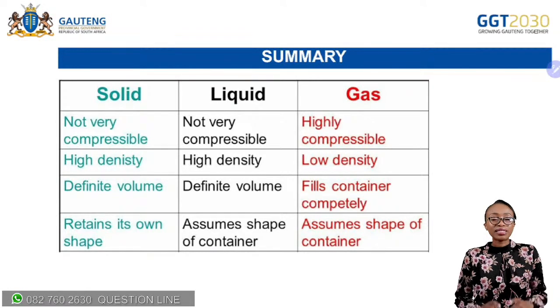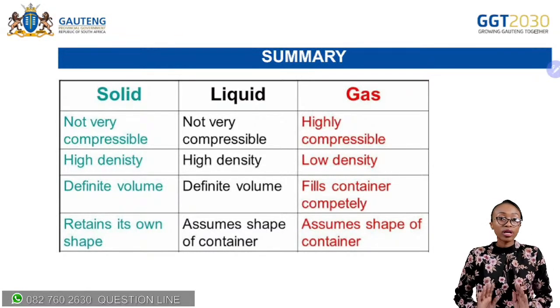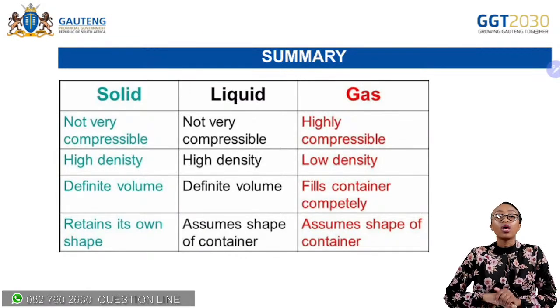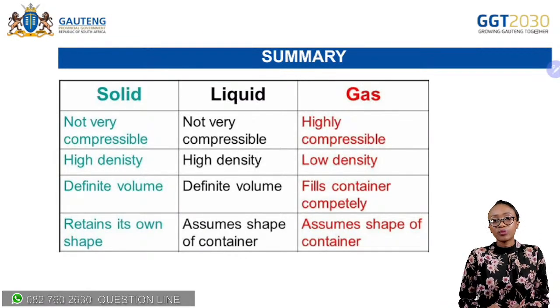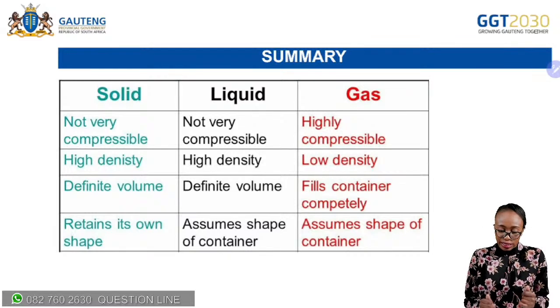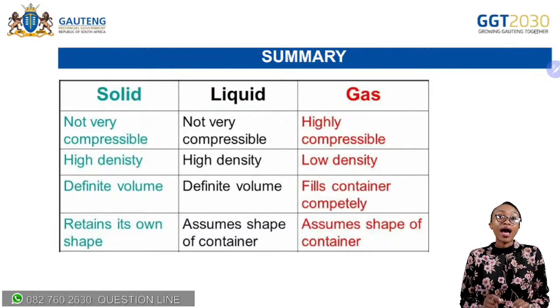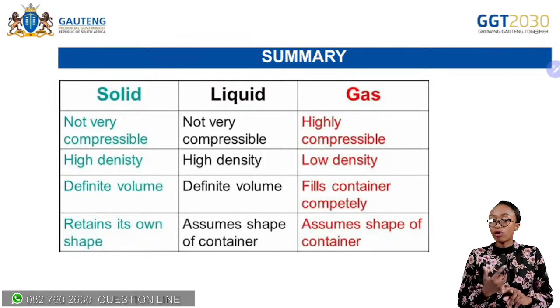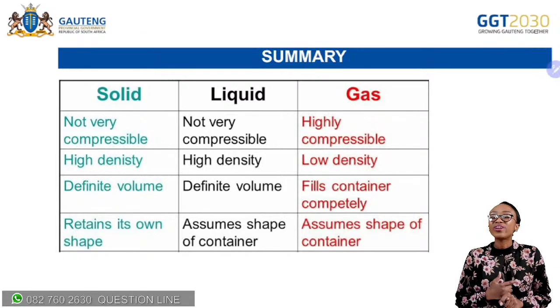In 1 cubic centimeter of volume, the liquid will have a higher density. Gases have a lower density because of their low mass and low number of gas particles.